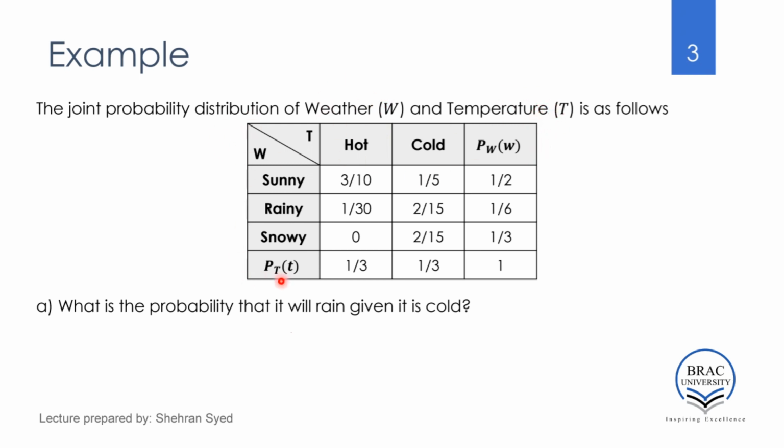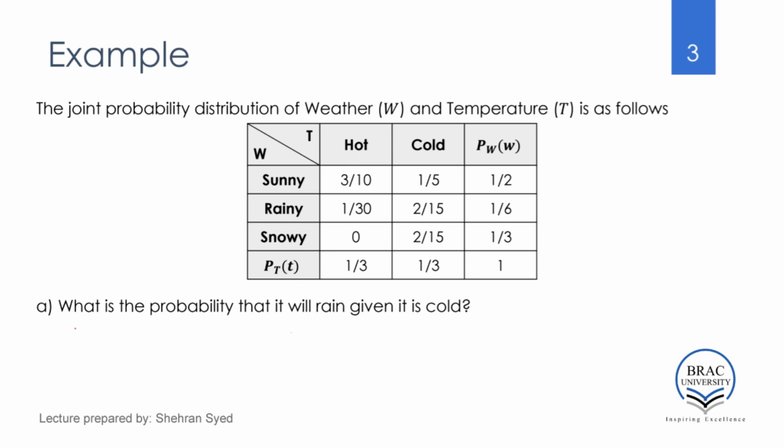We can see that the joint probability distribution table is filled out with all the appropriate values. And the question is asking us, what is the probability that it will rain given it is cold? So let's find that out.